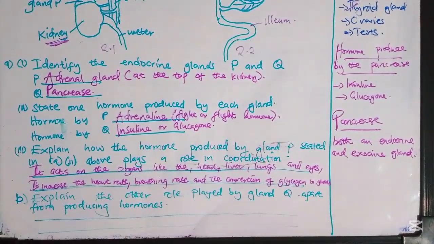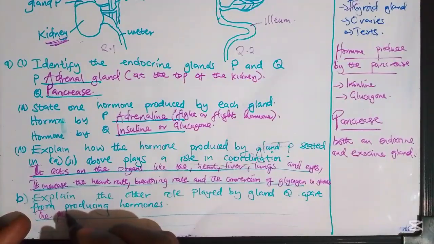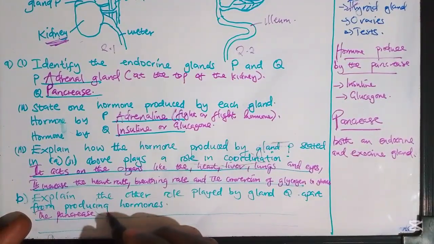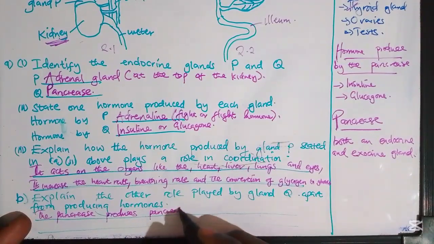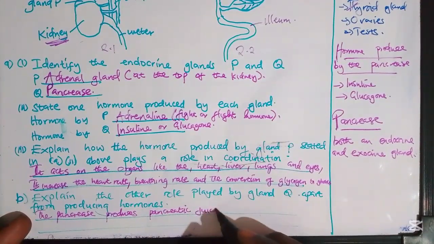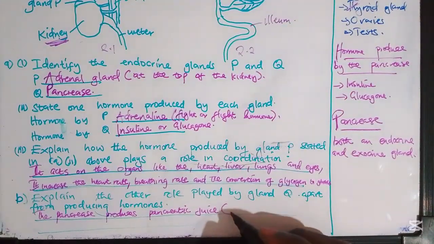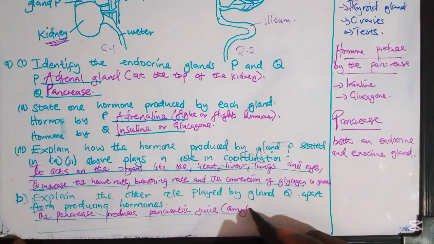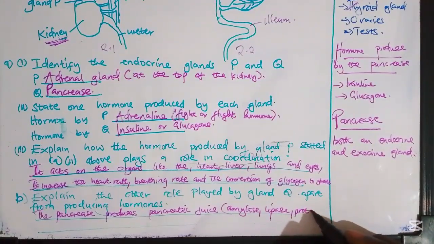So you can say that the pancreas produces pancreatic juice. So what is pancreatic juice? Pancreatic juice contains enzymes such as amylase, lipase, and also protease. What are these enzymes?